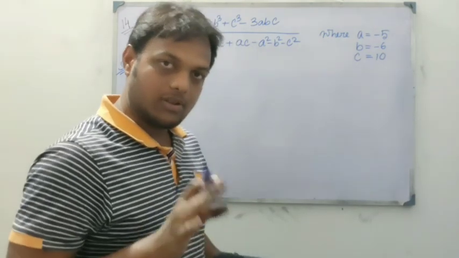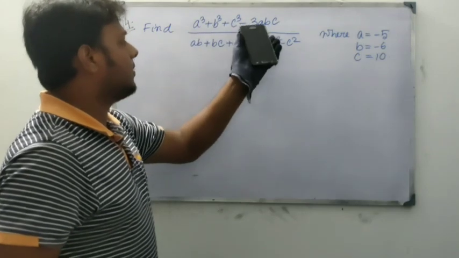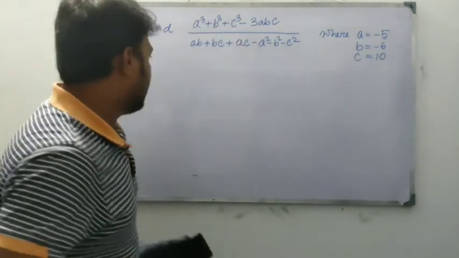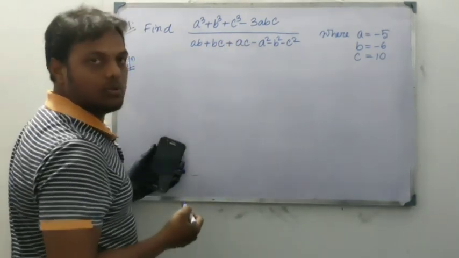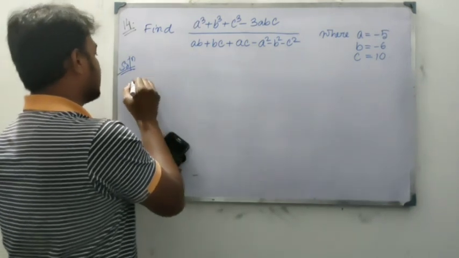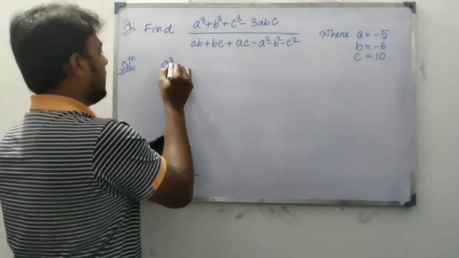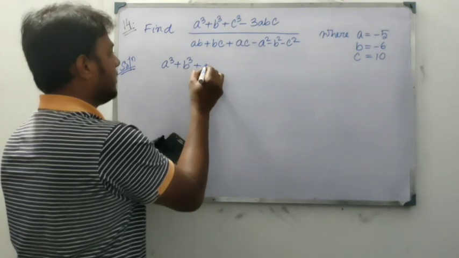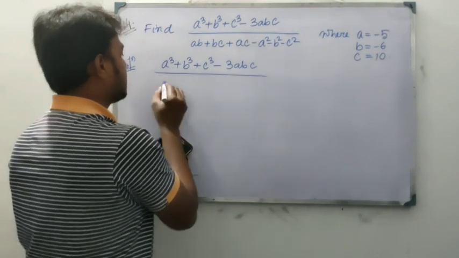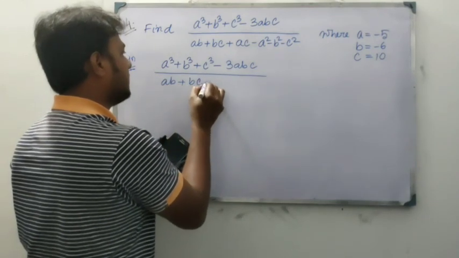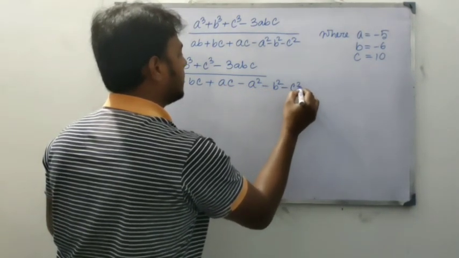That one is the way you can solve it: if you put a equals to minus 5, b equals to minus 6 and c equals to 10, you can get the value. But we will use a trick, since we know the identity for a³ + b³ + c³ − 3abc. So, solution. We have (a³ + b³ + c³ − 3abc) by (ab + bc + ac − a² − b² − c²).